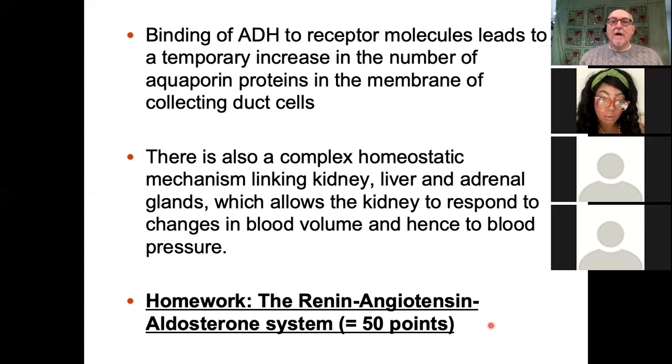Okay, so are there any questions? I wanted to know, the assignment that you just gave us, the renin-angiotensin-aldosterone system, that's 50 points. Is that on my mastering? No, just go to your textbook. It'll be there.